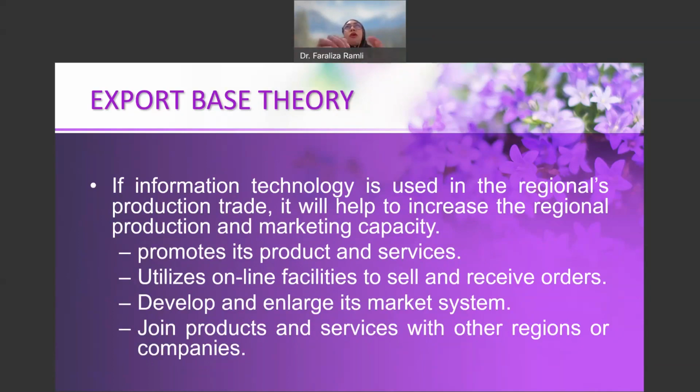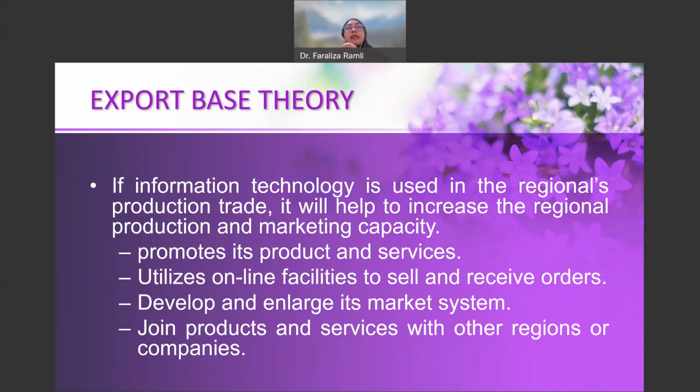Other regions or the local market have to know what products and services are delivered, and then utilize online facilities to sell and receive orders. Okay, during COVID-19, 90 or 100%, 90%, they used online facilities. So many tools they can use for their product sales or to get demand for their product and service.